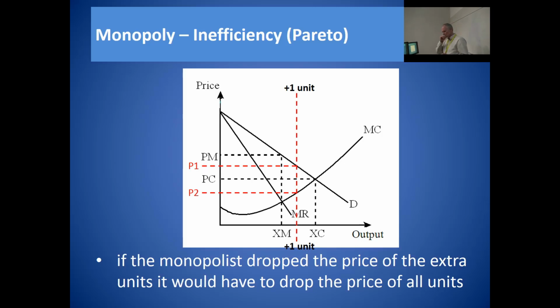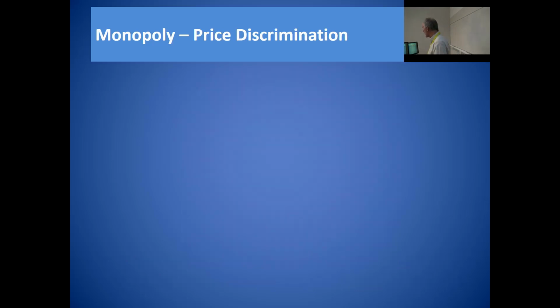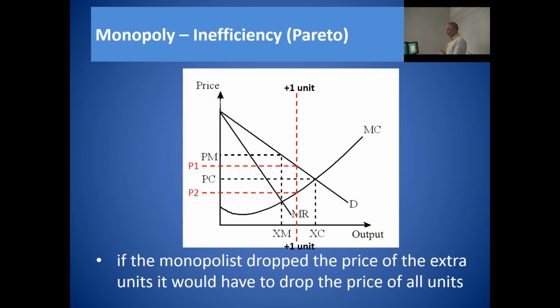However, think back to what I've said. I've said the reason the monopolist doesn't produce that extra unit of output is because if it did, it would have to drop the price of all preceding units, and that would make it less profitable. But what would happen, though, if the monopolist didn't have to drop the price of all preceding units?